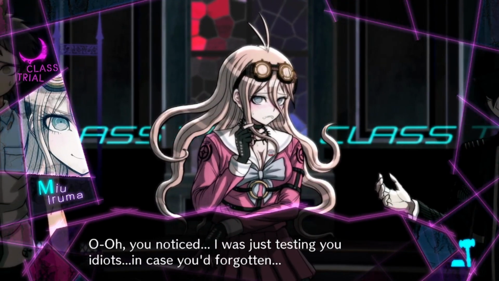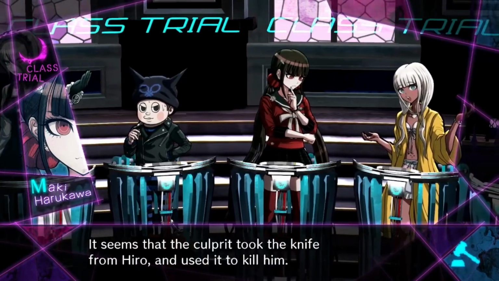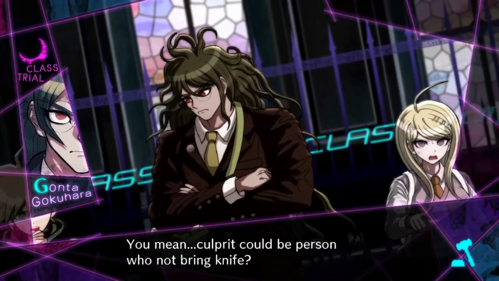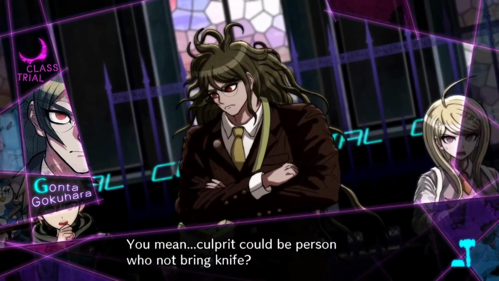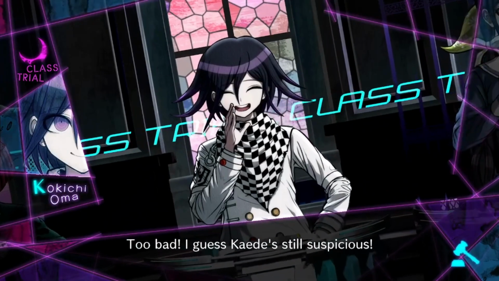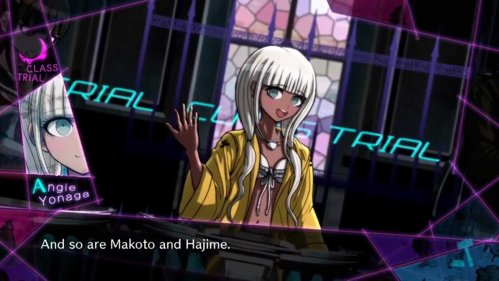Thanks. I totally believe you. It seems that the culprit took the knife from Hiro and used it to kill him. Probably. You mean, the culprit could be a person who did not bring a knife? Yes. Too bad. I guess Kaede's still suspicious. And so are Makoto and Hajime.